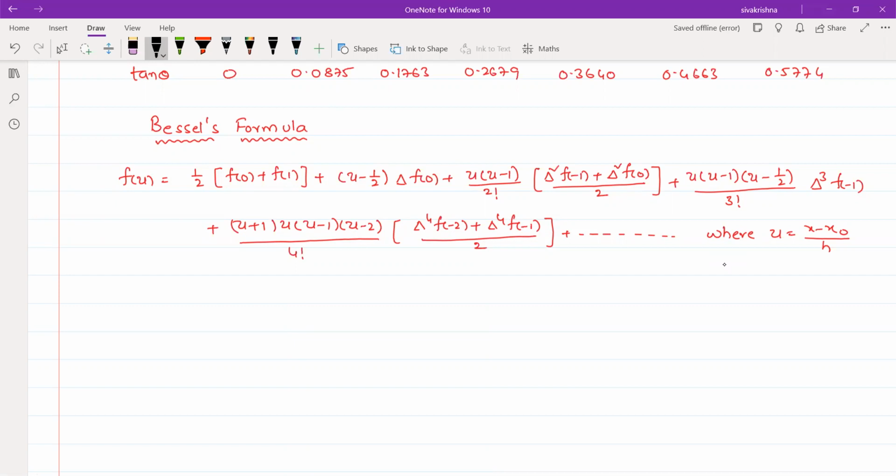Coming to the statement, we have to prove that f of u is equal to half into f of 0 plus f of 1, plus u minus half into delta f of 0, plus u into u minus 1 by 2 factorial into delta square f of minus 1 plus delta square f of 0 by 2, plus u into u minus 1 into u minus 1 by 2 by 3 factorial into delta cube f of minus 1, plus u plus 1 into u minus 1 into u minus 2 by 4 factorial into delta power 4 f of minus 2 plus delta power 4 f of minus 1 by 2, and so on.